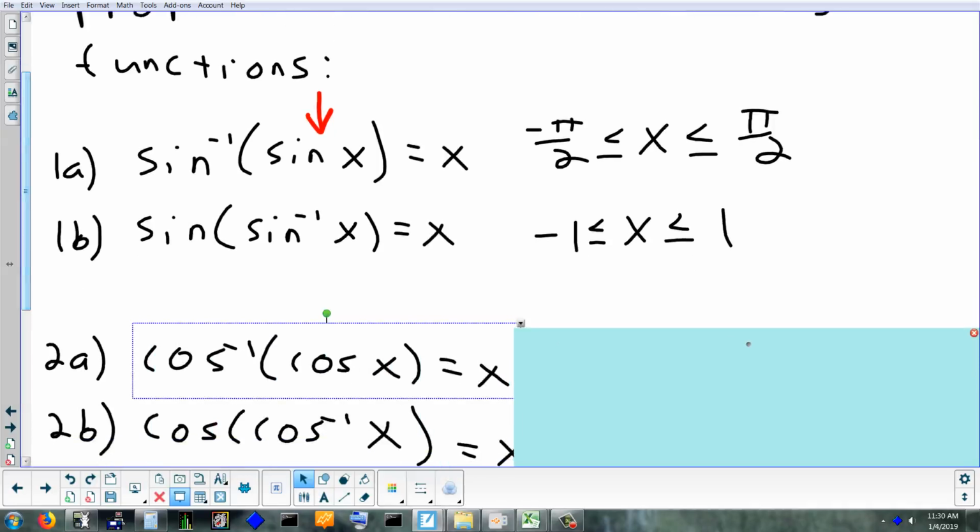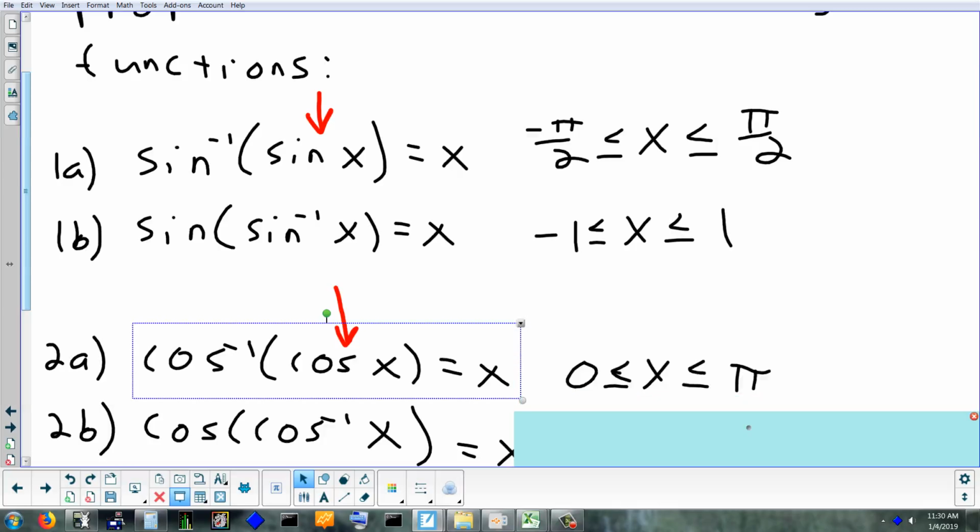And now think of the domain for cosine. It's when I had the window on the screen and I drew the red box. What did we restrict the domain to for cosine? We couldn't use negative 90 to 90. That didn't work. What was it? 0 to 180, or in radians, 0 to pi. Yep, so there's your restriction there.